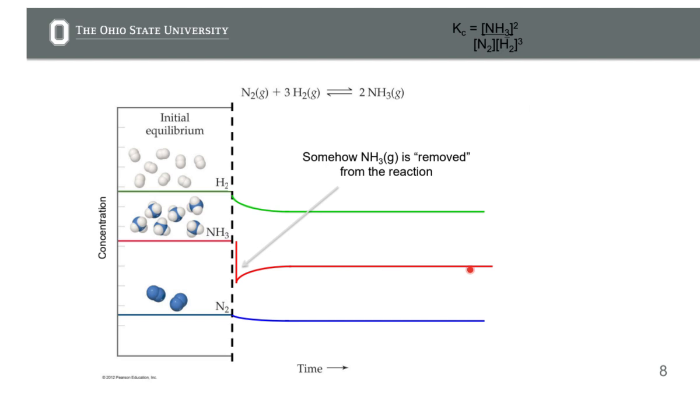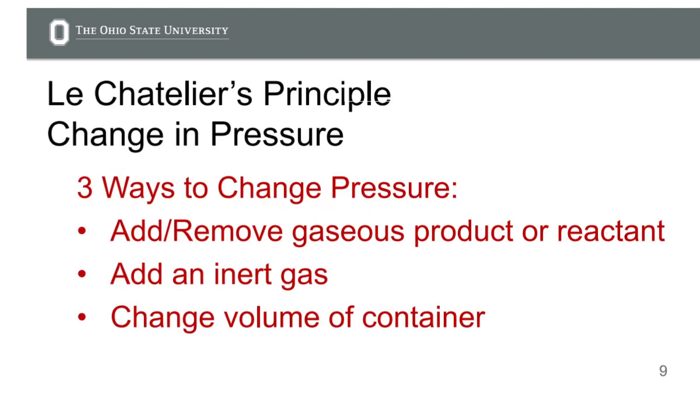We need to form more product in order to regain equilibrium. Hydrogen's going to decrease, nitrogen's going to decrease. Okay. All right. Questions on changing equilibria by adding or removing reactants or products, changing concentration?